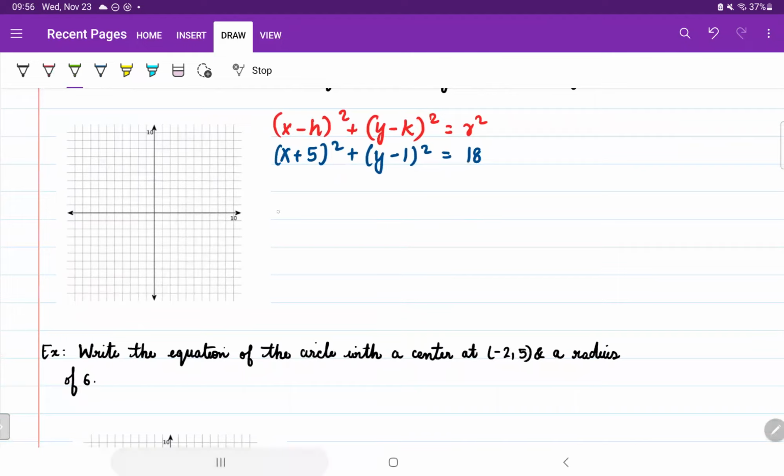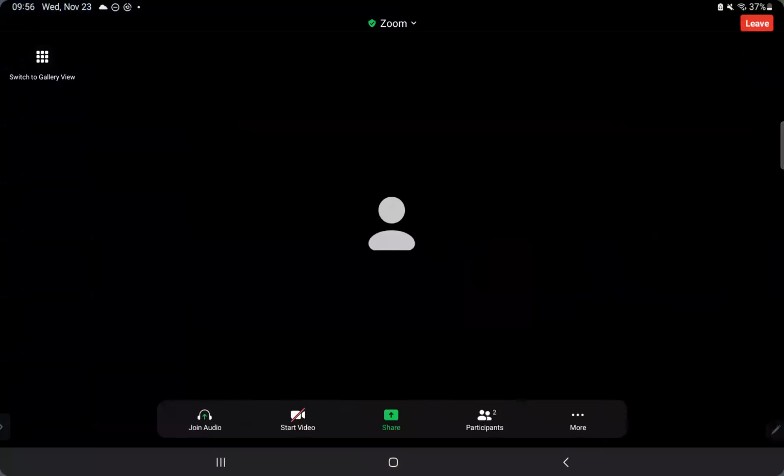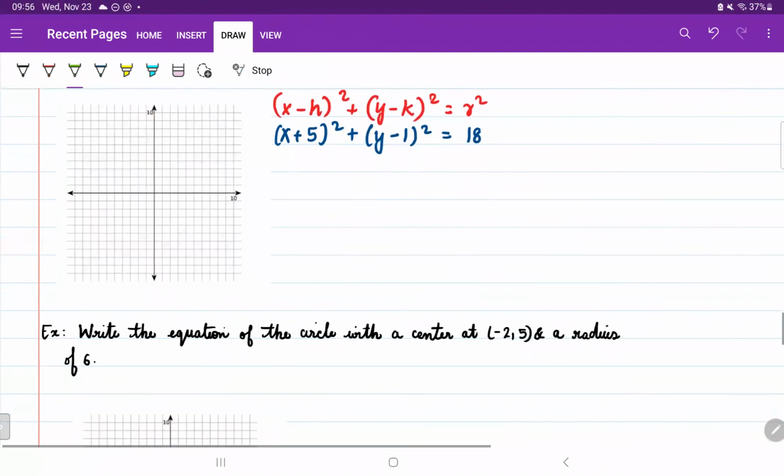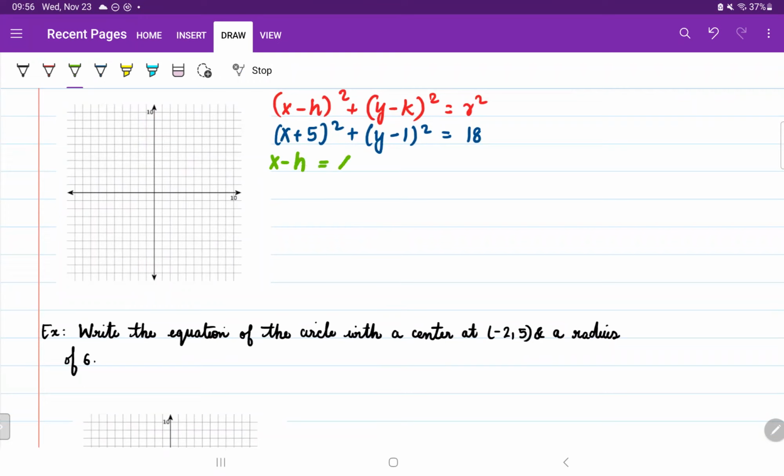Again, comparing, we have x minus h equals x plus 5. Subtracting x on both sides, we have minus h equals 5. Multiplying on both sides by minus 1, you get h equals minus 5.